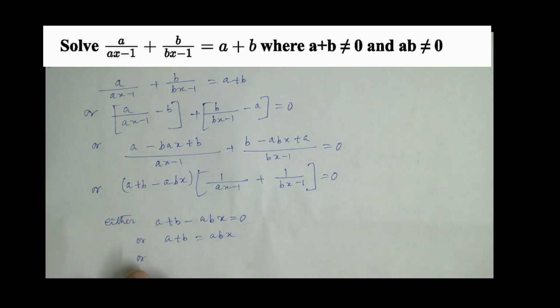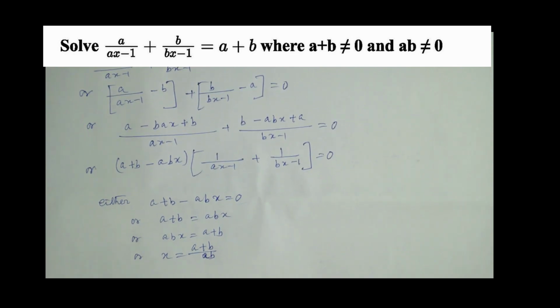Now left hand side and right hand side interchanged, abx equals a plus b, therefore x is equal to a plus b by ab. It is correct because ab is not equal to 0, given.